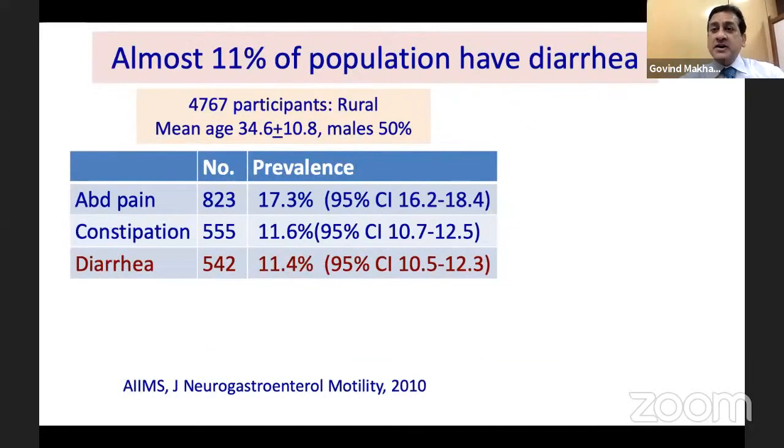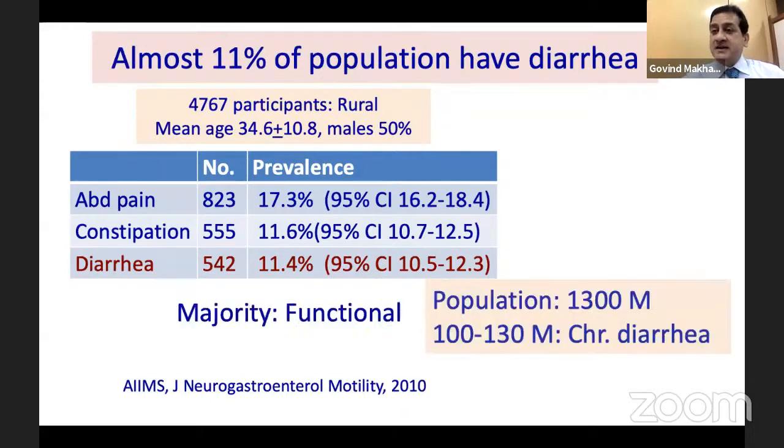Look at chronic diarrhea as an important disease in our community: almost 10 to 11% of our population has chronic diarrhea. The population of our country is about 1300 million, so 10% becomes about 100 to 130 million people in our country with chronic diarrhea.